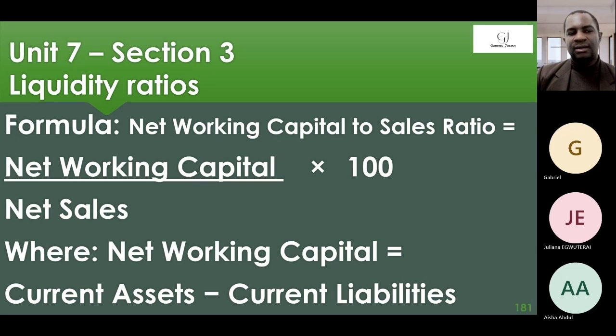The formula is on the screen, looking at your net working capital divided by sales. So what is your working capital? Your current assets minus your current liabilities, divided by your sales, times 100. So you want to see the percentage of your working capital you're using to drive sales.